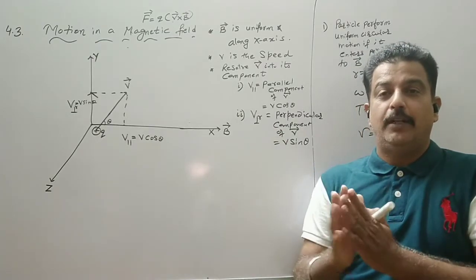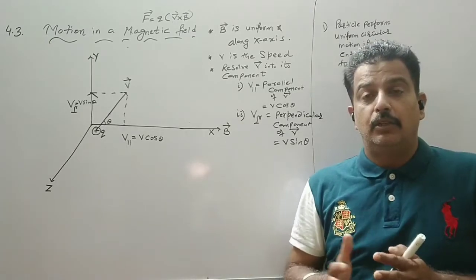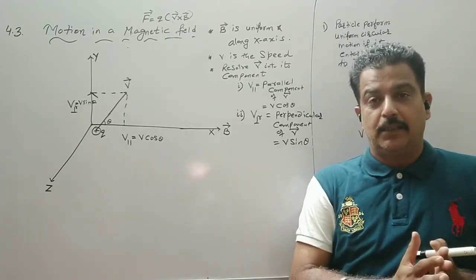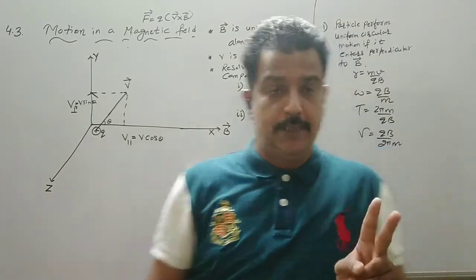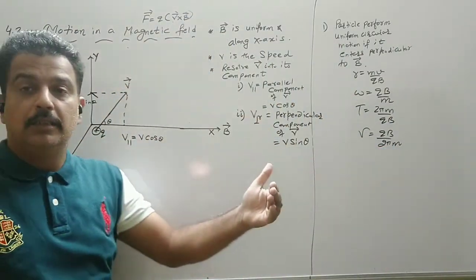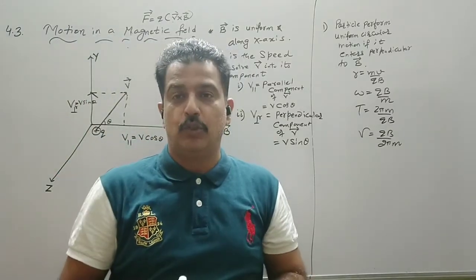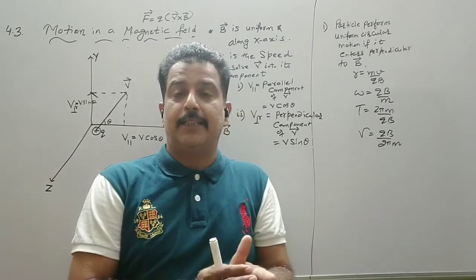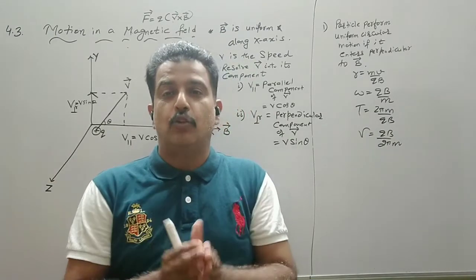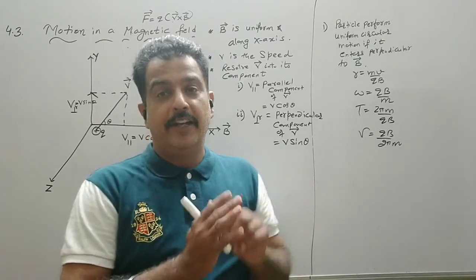So this velocity will make the particle move along the x-axis. So there will be two situations. The perpendicular component will try to make the particle perform a circular motion, and at the same instant, the parallel component will make the particle travel linearly.